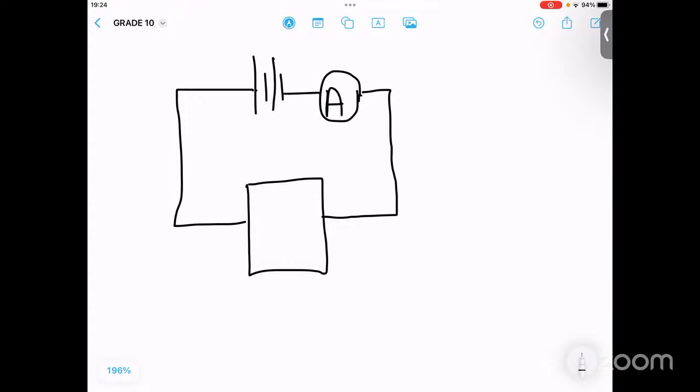And then we can have, maybe let's say, 3 ohms there, and then again 3 ohms. And then there, let us have 2 ohms.